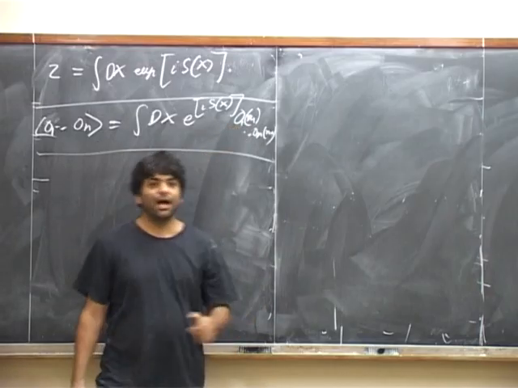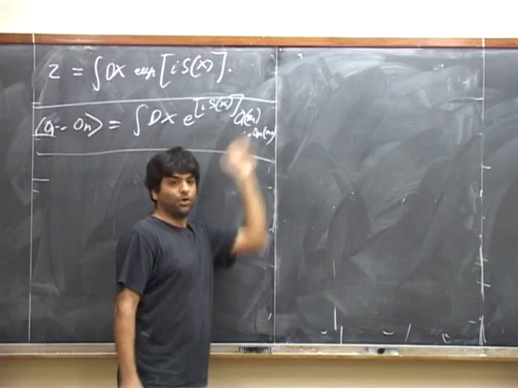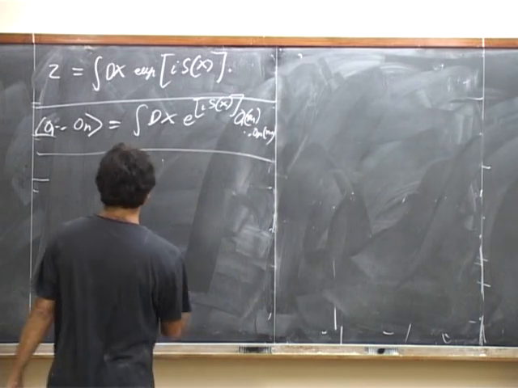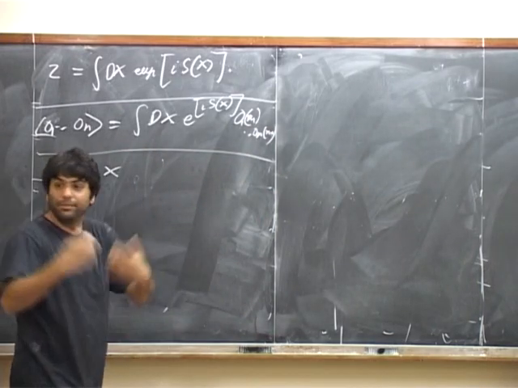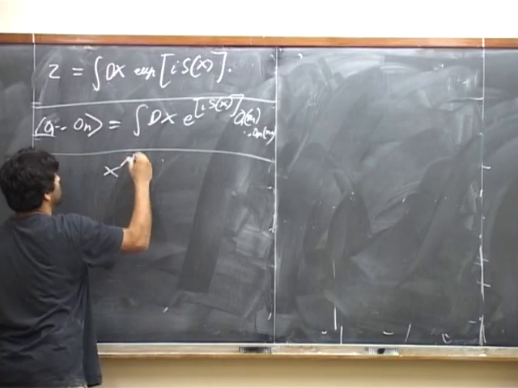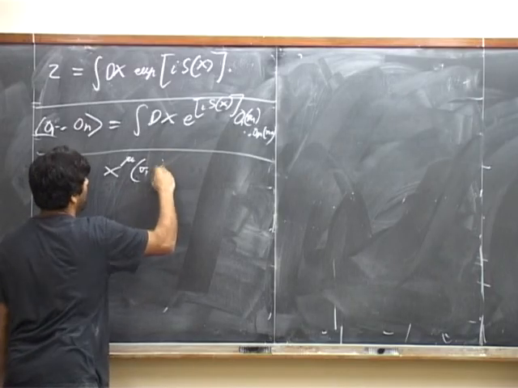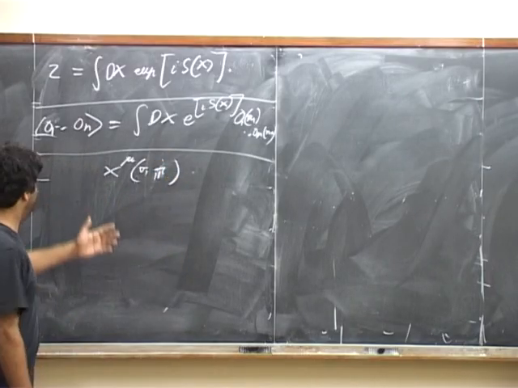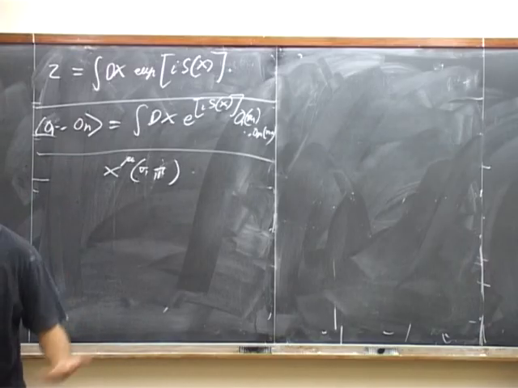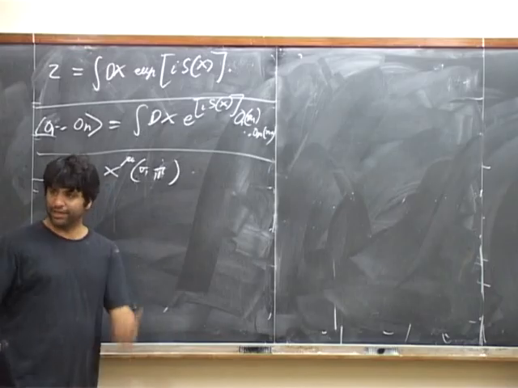These O's are any local function of the fields of the field theory. O's are called operators, or local operators. For instance, if the fields of the theory, as will be the case in the bosonic string that we studied, are X mu of sigma, tau, then you can make many local operators out of X mu. X mu itself is an operator.